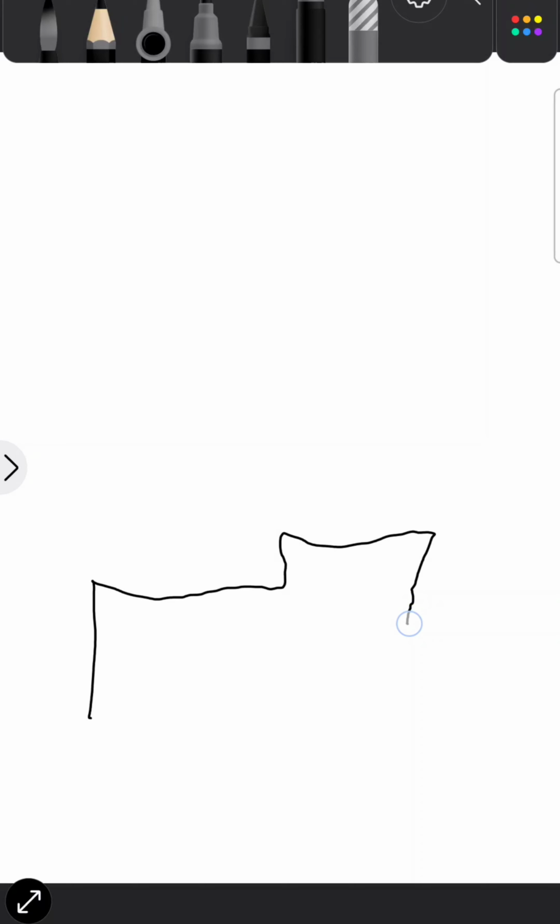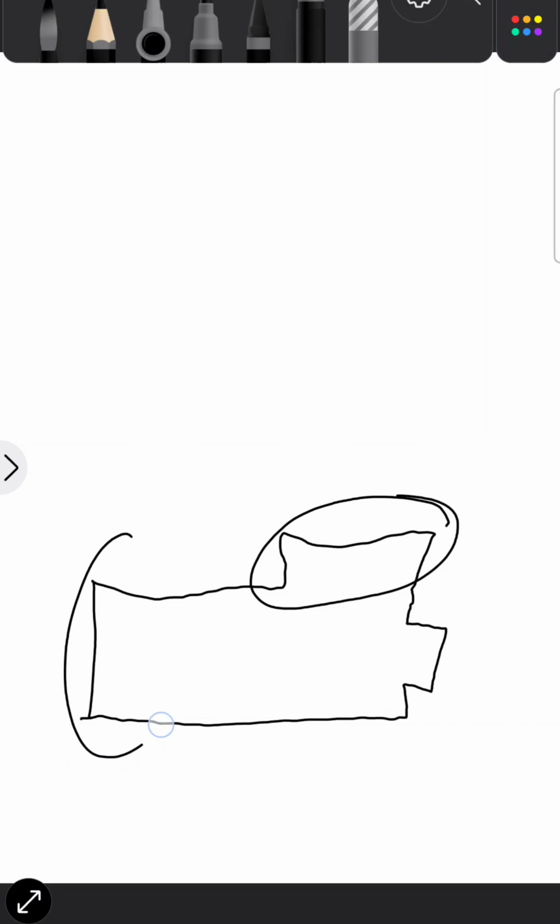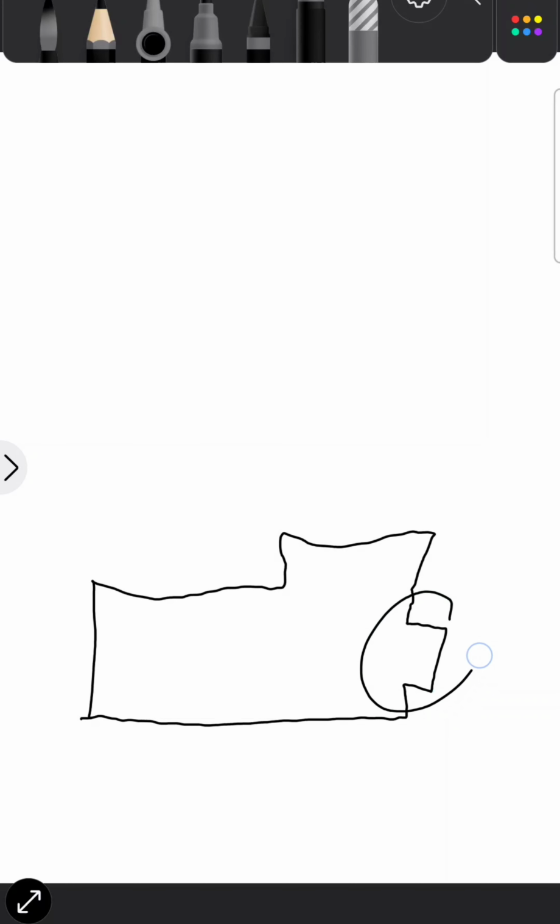This would be like a 2D or 3D compressor, where my suction line is coming in right here, the discharge line will be going out, and then I have my head, my suction bell, and this guy right here would be my oil pump. That little thing sticking out in the front of the compressor, that's my oil pump.